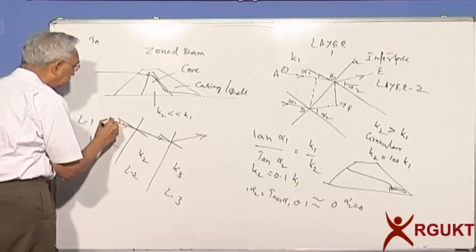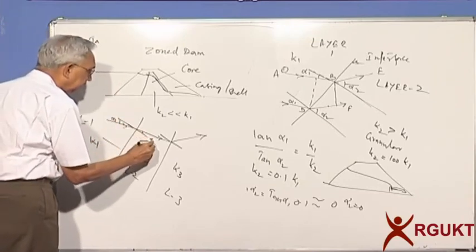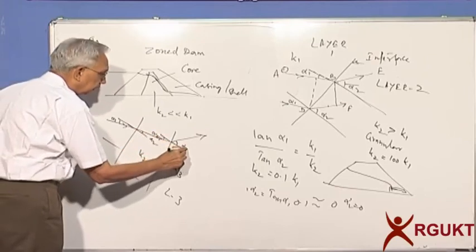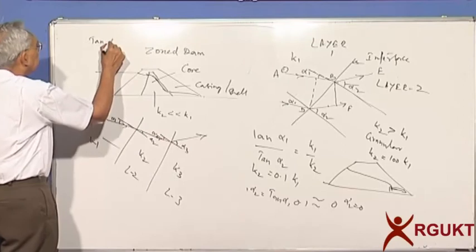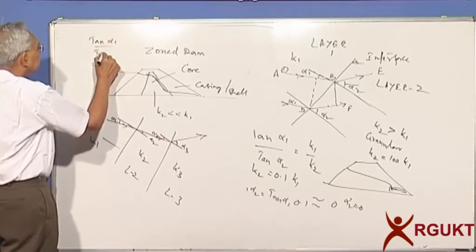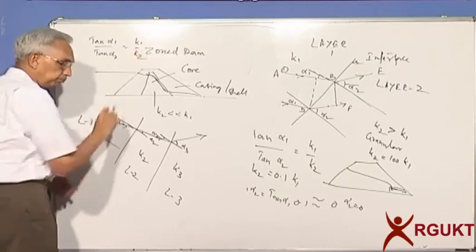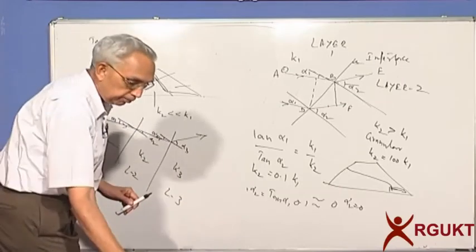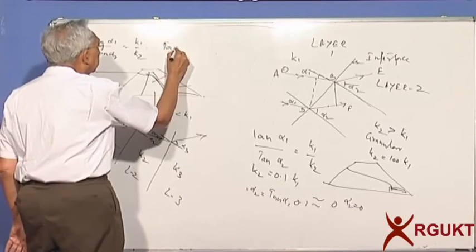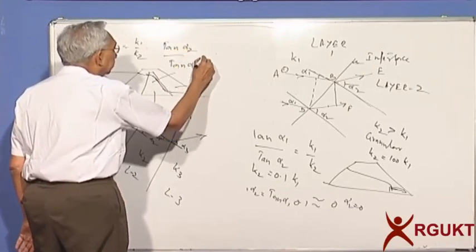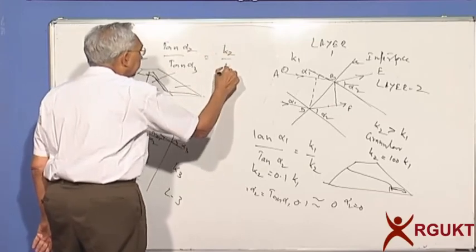So this is alpha 1, this is alpha 2, and this will be alpha 3. Tan alpha 1 by tan alpha 2 is equal to K1 by K2, and similarly tan alpha 2 by tan alpha 3 is equal to K2 by K3.